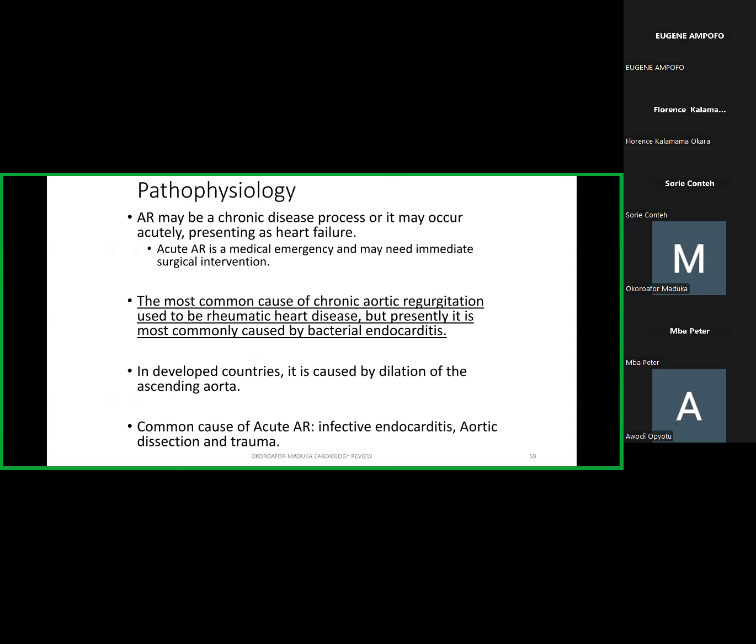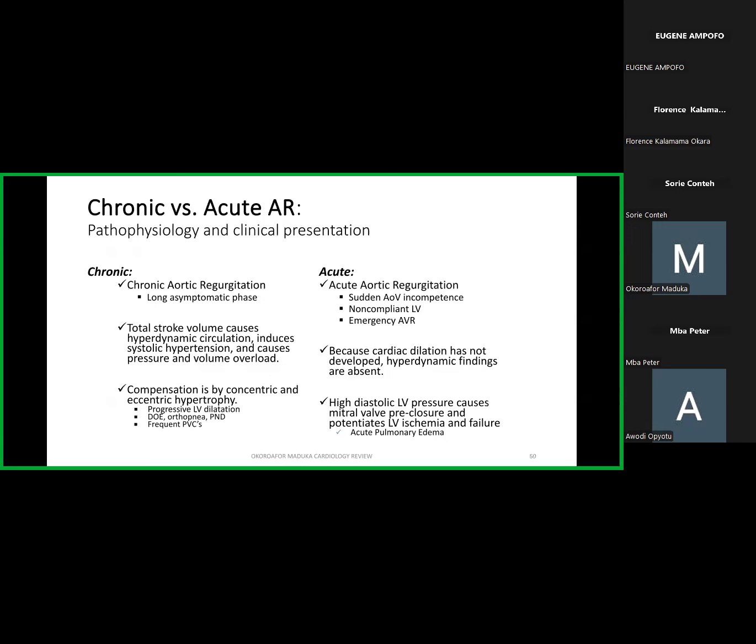So the pathophysiology of aortic regurgitation usually has to do with presence or absence of compliance of the left ventricular chamber. In a situation where you have acute aortic regurgitation, there is usually no compliance because it's acute, and so there has been no time for the ventricle to adjust to the changes that have occurred, and so the patient develops elevated left ventricular end diastolic pressure, which transmits to the pulmonary areas, and the patient will come down with dyspnea.